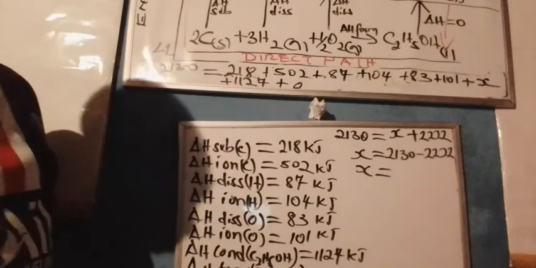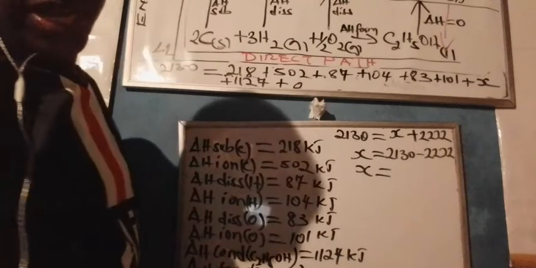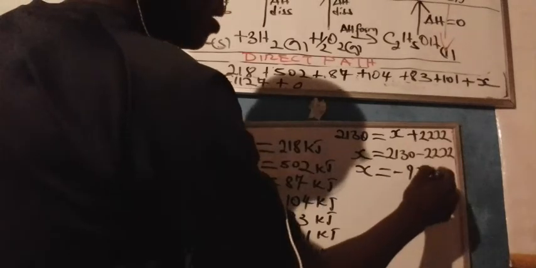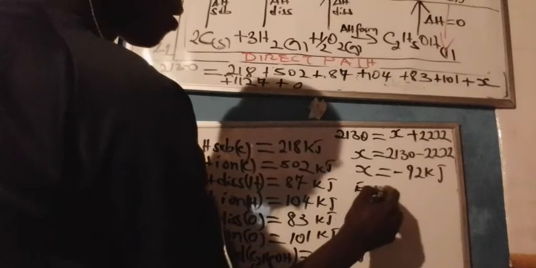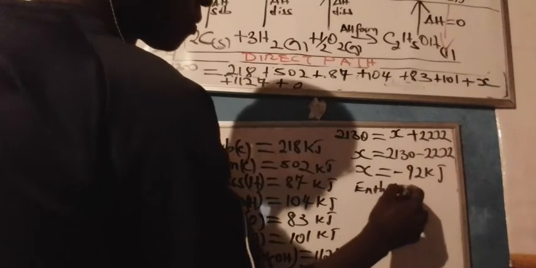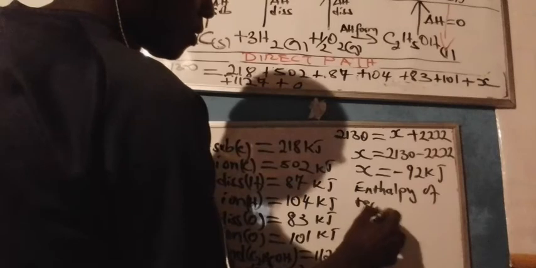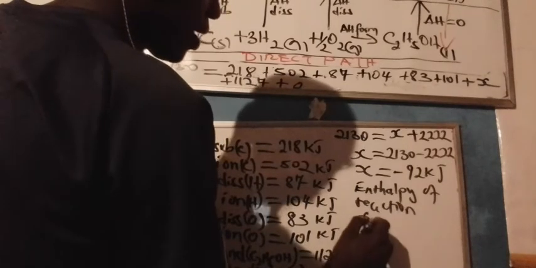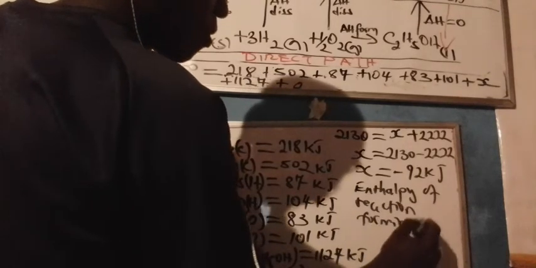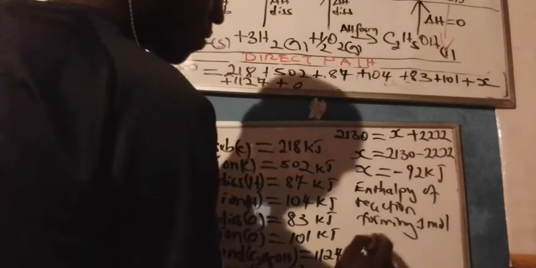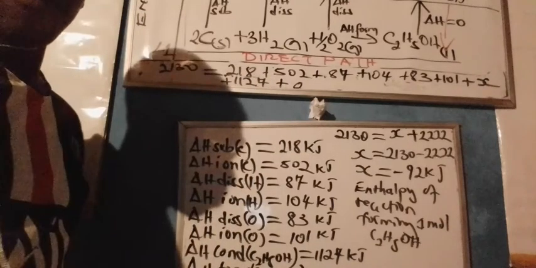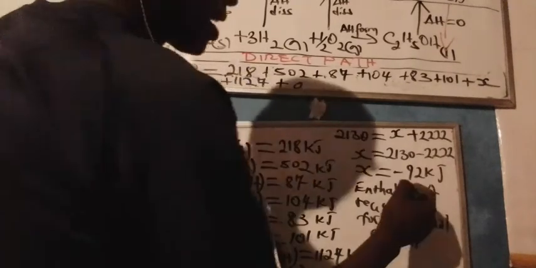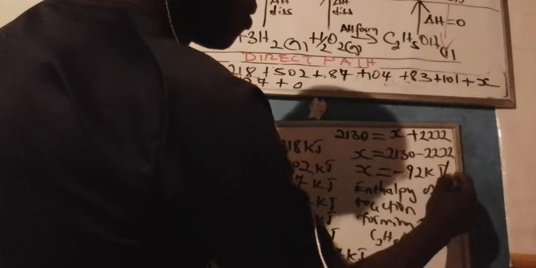Our X value is found to be equivalent to negative 92 kilojoules. This negative 92 kilojoules is the enthalpy of reaction of the reaction which is forming 1 mole of ethanol, C2H5OH. Now, since it is forming 1 mole, we can say it is negative 92 kilojoules per mole.